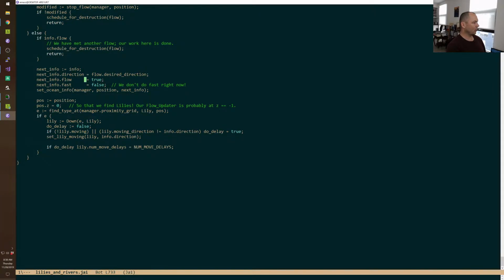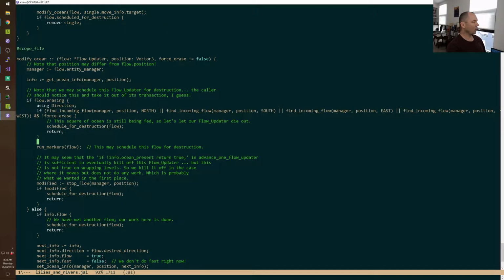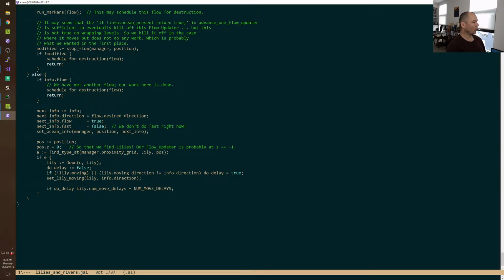So it's probably here. This is the place where we go when we're adding flow to the ocean. So we set the ocean info. We find a lily at that position, if we find one. We set it moving in the direction.